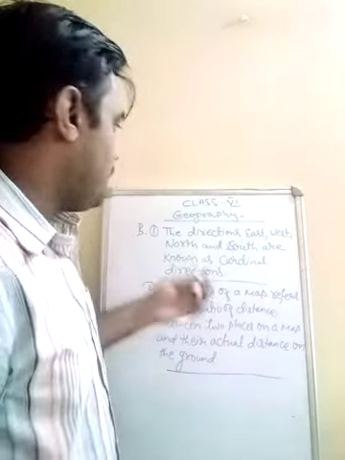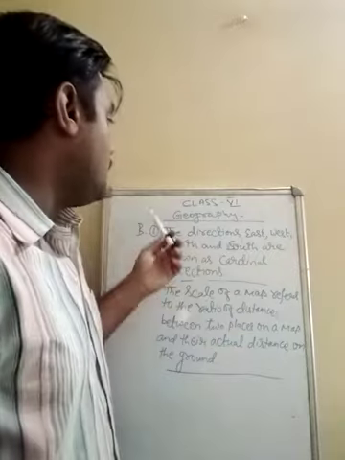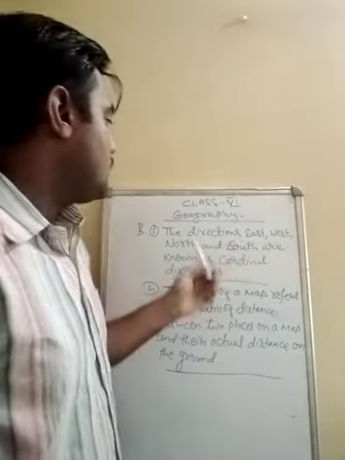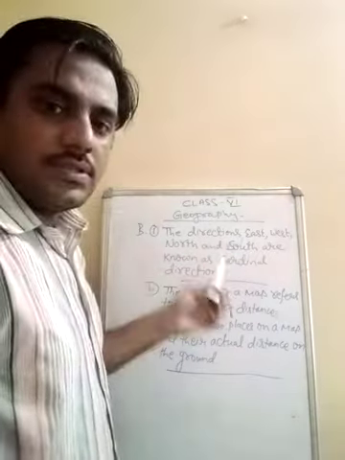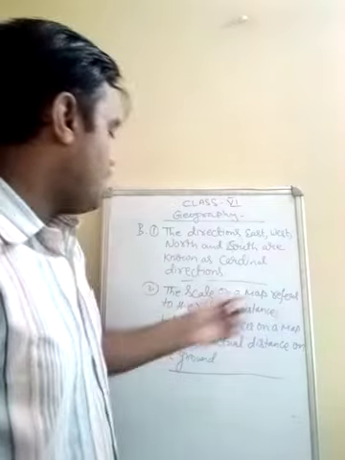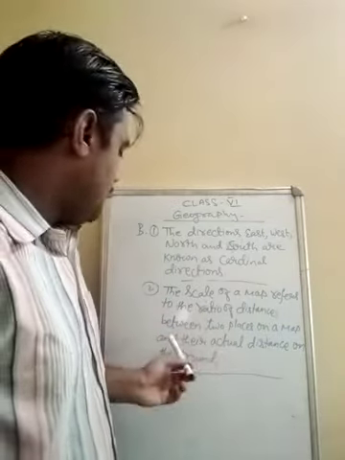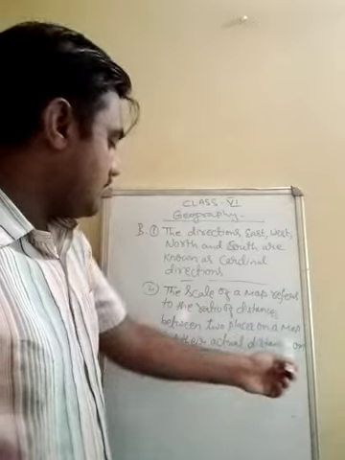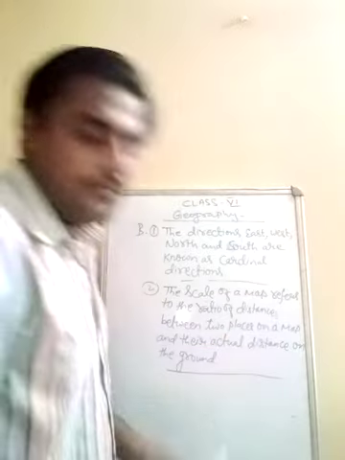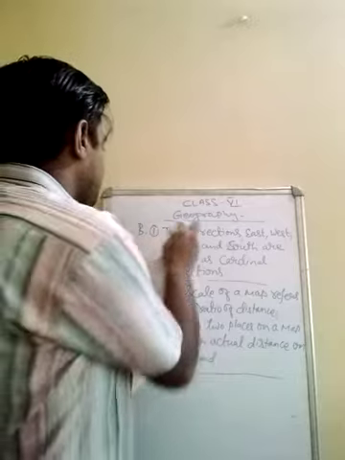Okay, so I hope you have remembered. Once again, I'll read it to you. The answer number 1 is, the directions east, west, north and south are known as cardinal directions. Number 2, the scale of a map refers to the ratio of distance between two places on a map and their actual distance on the ground. So let's move on to number 3.